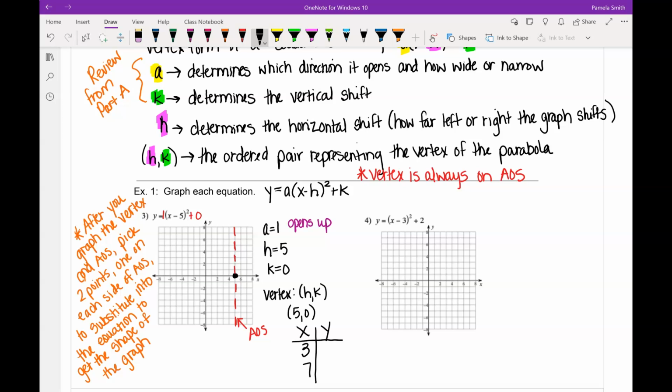Now, by picking ones that are the same distance away, because this is symmetrical, they should get me the same y value when I solve. So this is a good way to check that I'm doing my math correctly. So if I substitute 3 in, I have y equals 3 minus 5 quantity squared. So negative 2 quantity squared, which is positive 4.